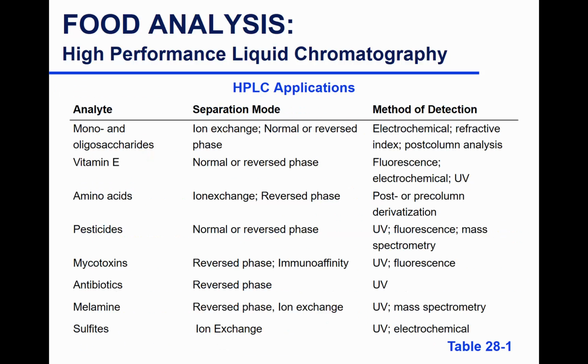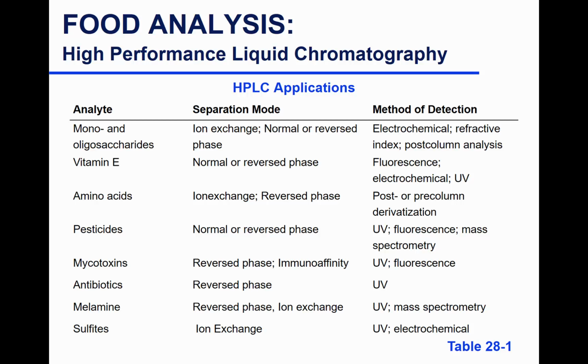Okay. So here's a table. You have that in your chapter. This is a good summary table for you to review and to have an idea of the different applications. We will go over different chapters. For example, I'll talk extensively about carbohydrate analysis and using HPLC for carbohydrate analysis when we cover that chapter.